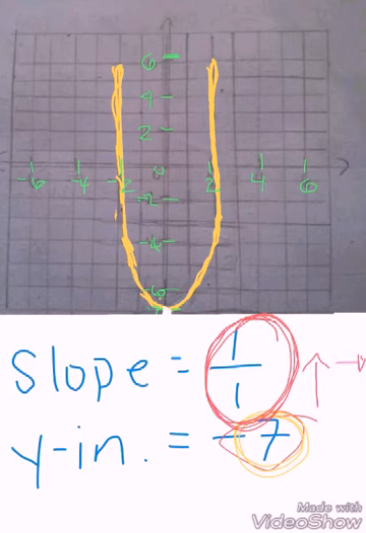And since this slope is positive, the line must be going like this. So we're going to graph it. So rise 1, and then run 1. So it's here. And then we're going to draw a line. So it's going to be like this.